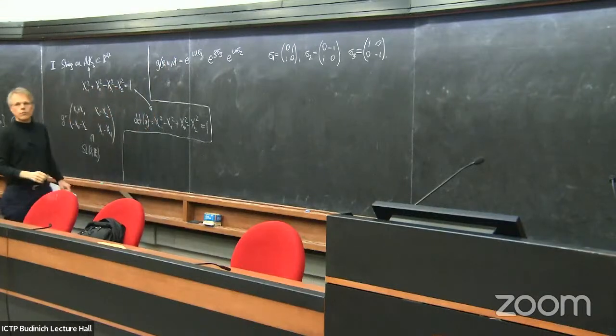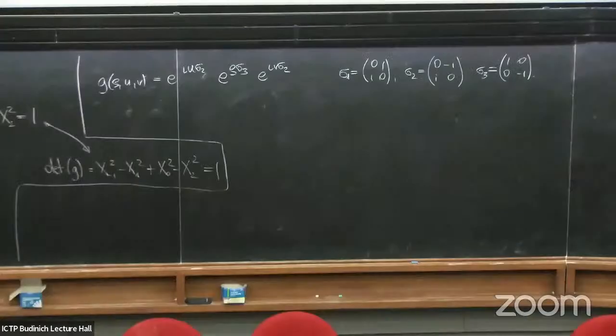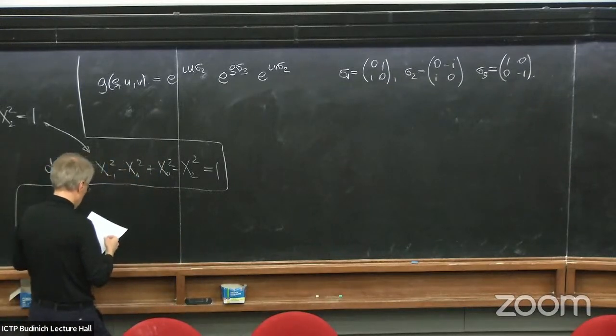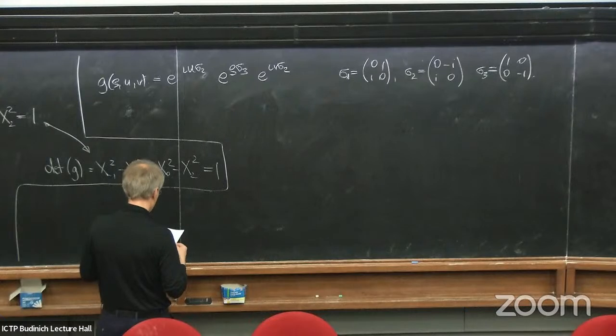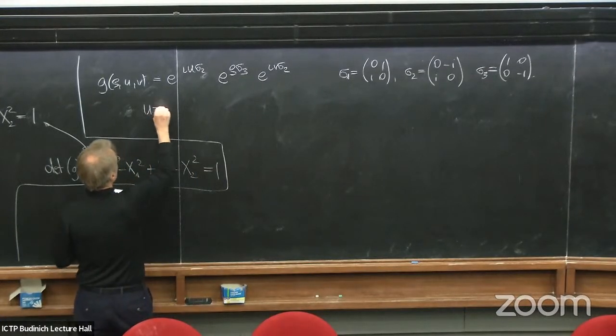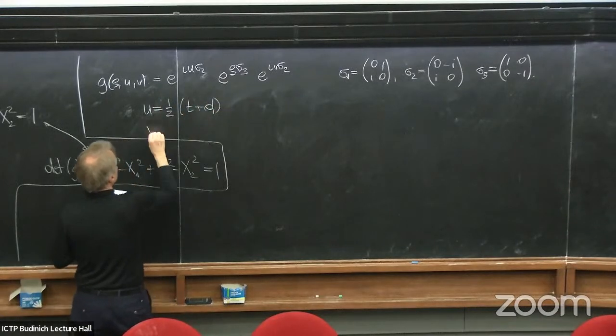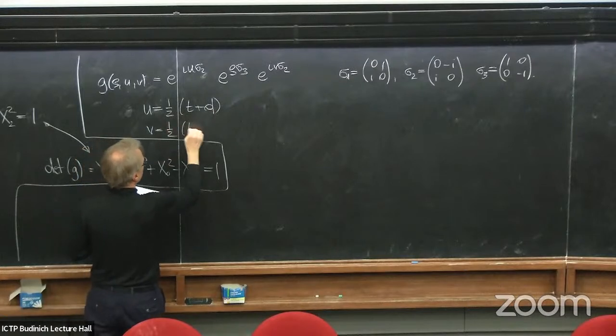In terms of global coordinates, ρ is the radial coordinate of AdS3, and u and v are related to the time and the angular coordinate as u = (t+φ)/2 and v = (t-φ)/2.